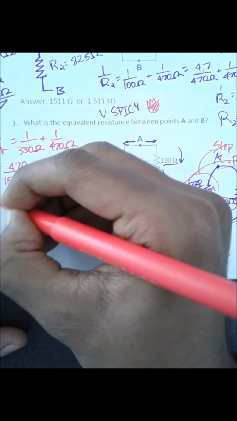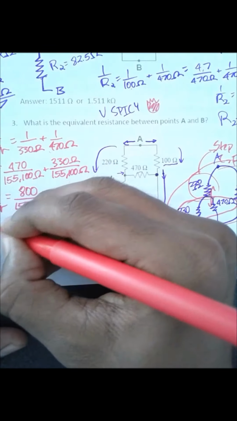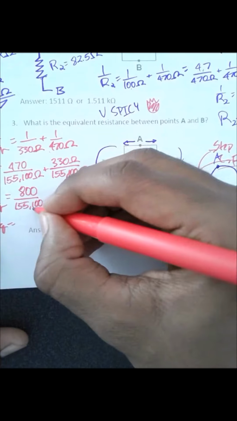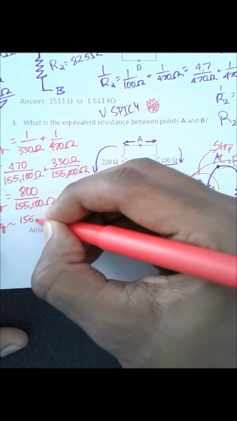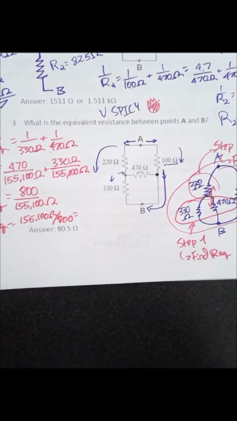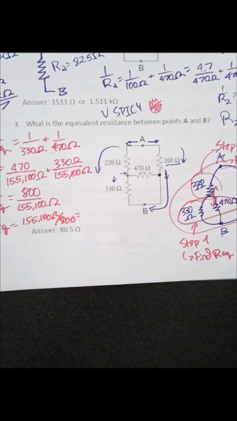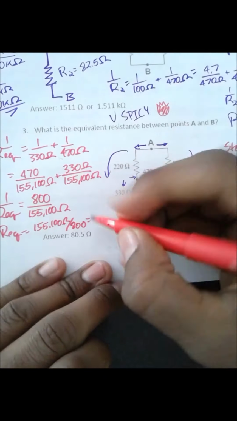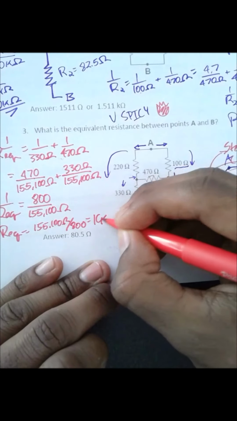That's 1 over REQ. So REQ is then going to be equal to 155,100 divided by 800. So REQ will be just the 193 or 194.